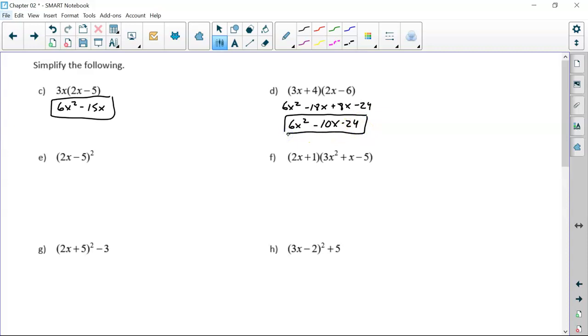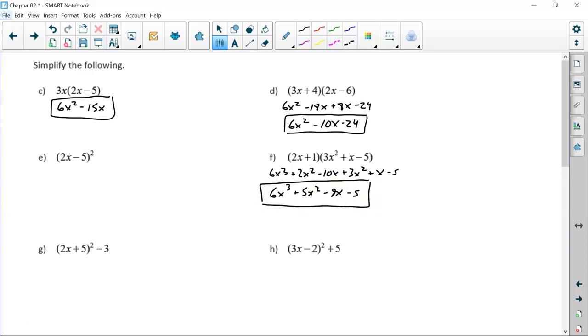I'm going to come back to E, G, and H in a moment. For F, a binomial times a trinomial, I'm going to distribute the 2x and then distribute the 1. So I get 6x cubed plus 2x squared minus 10x. When I distribute the 1, I get plus 3x squared plus x minus 5. So that gives me 6x cubed plus 5x squared minus 9x minus 5.